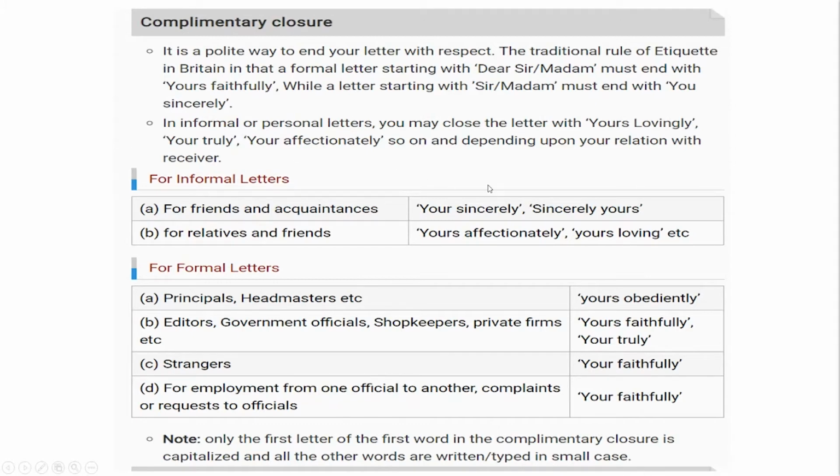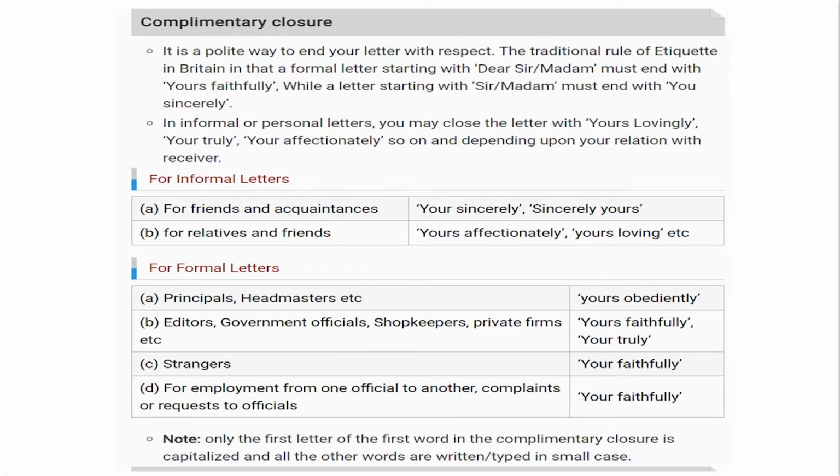So if you don't understand anything, please tell me in the comment box. Now only some students are attending the online class. So dear students, you have to give your full attendance and your full concentration on the class. Otherwise it's not possible for you to get 9 or 10 out of 10.